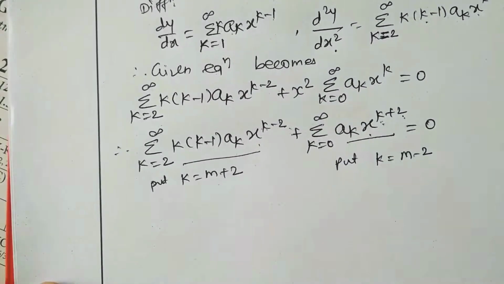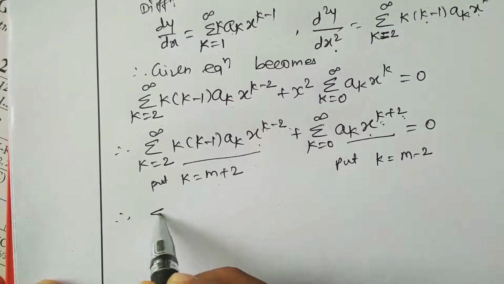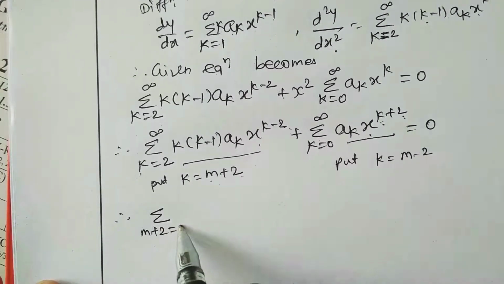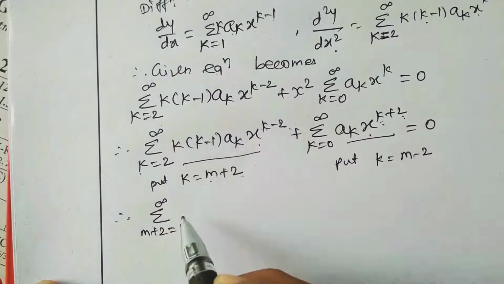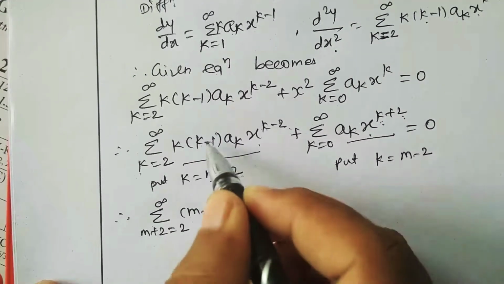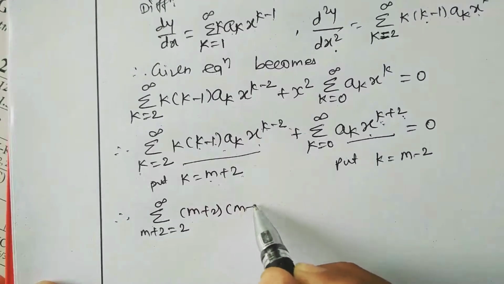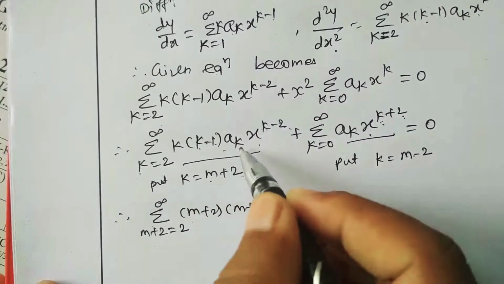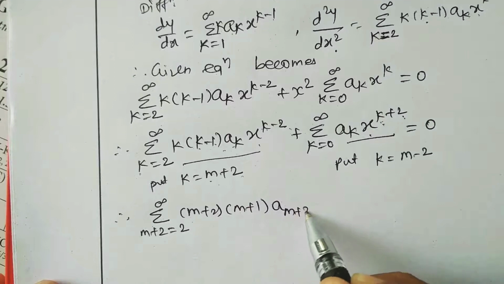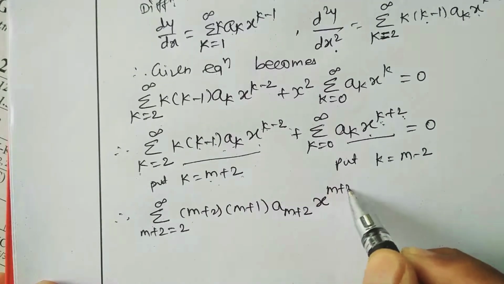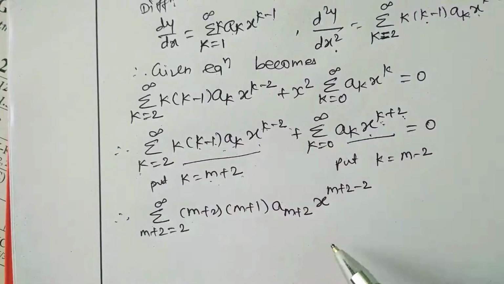Now after using this, you will get the summation where the value of k is m plus 2. The summation from m equals 2 to infinity, where the value of k is m plus 2. Then k minus 1, that is m plus 2 minus 1, that is m plus 1, times a_k, so a_(m+2), x to the power k, which is m plus 2, and that minus 2 as it is.